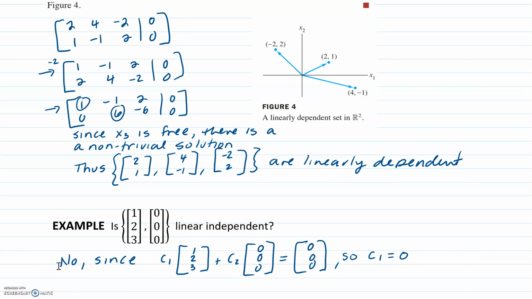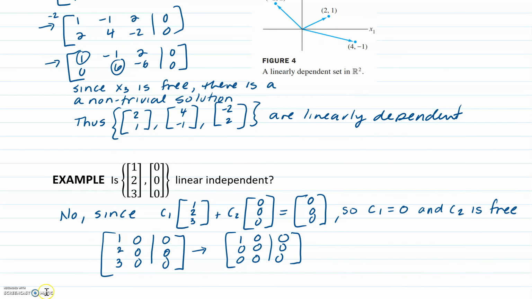The answer is no, since if you write a linear combination with c1 and c2, the first vector and the second vector equals 0, this has more than the trivial solution. I get that c1 is always 0, because the second term, 0 times c2, is 0. But c2 can be anything. c2 can be any constant. So there is a non-trivial solution. So we know that these 2 vectors are dependent.